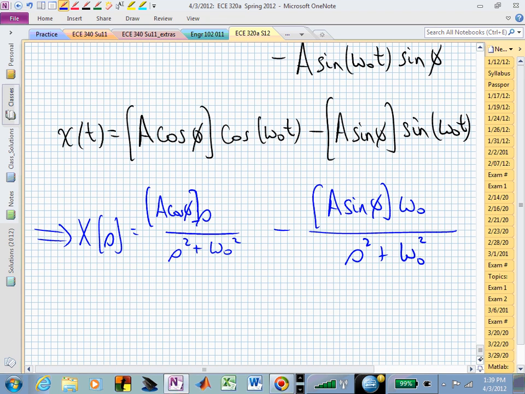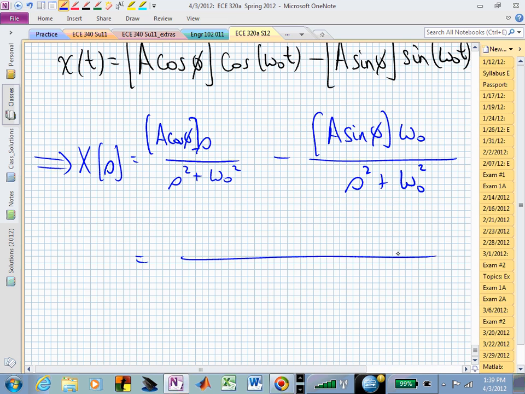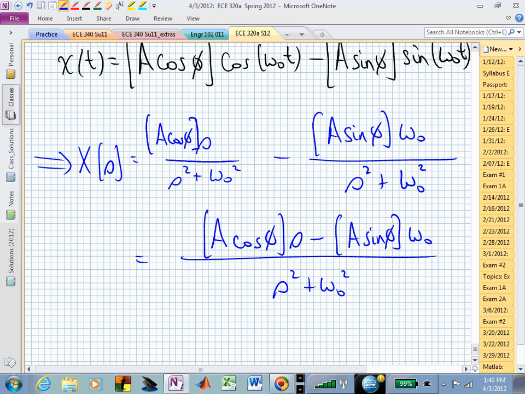And those are both over the same denominator. That's now our input transform.